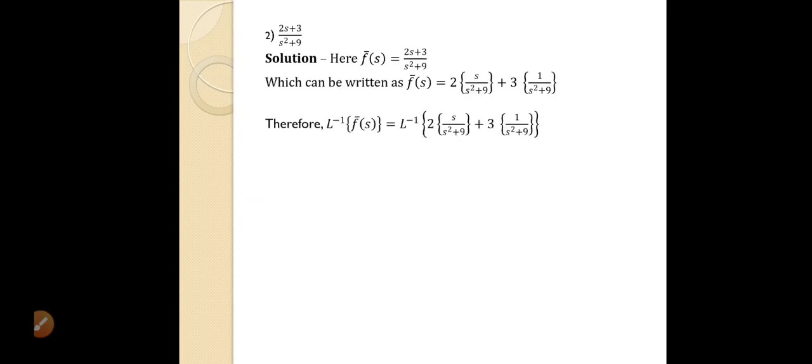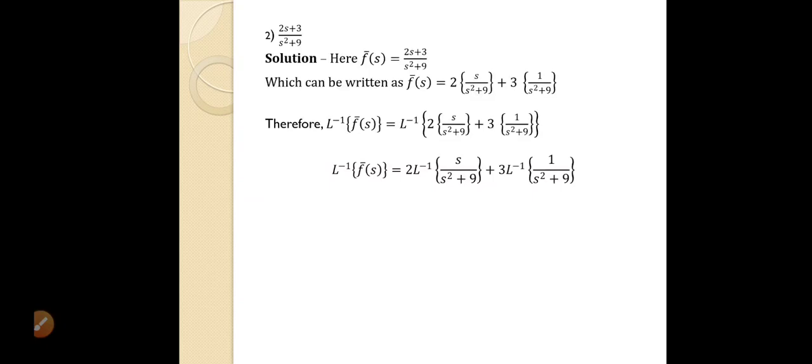Now we have to take inverse Laplace transform on both the side of this f bar of s. Using linearity property of inverse Laplace transform, we can write the RHS as 2 into L inverse of s upon s square plus 9 plus 3 into L inverse of 1 upon s square plus 9.